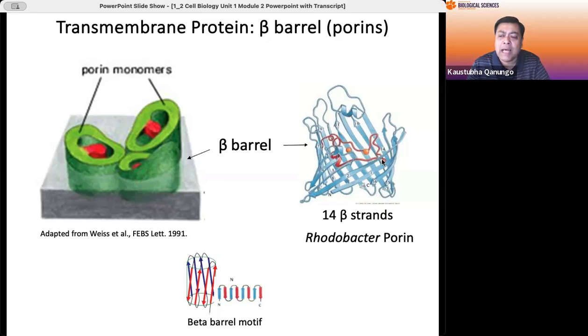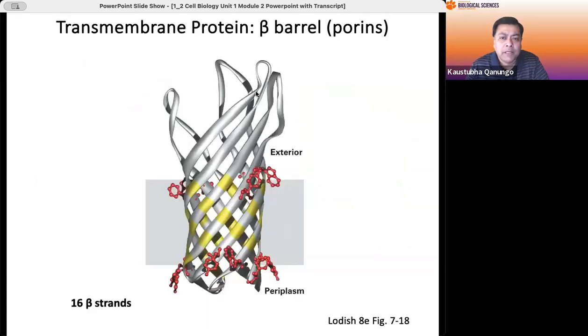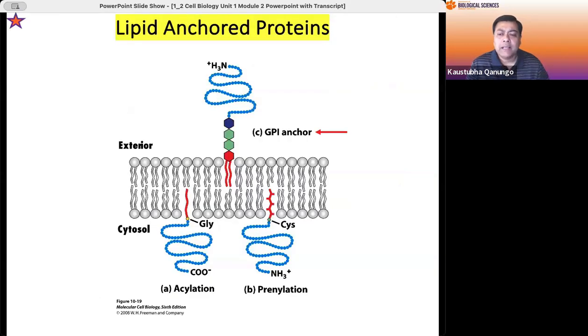They are stabilized by interchain hydrogen bonds rather than intrachain hydrogen bonds in the alpha helices. So these are the beta strands. And aquaporin is one of the most common ones. Aquaporin is the water channel through which water can move across the plasma membrane. They are these porin family. So this is a beta barrel porin from E. coli.